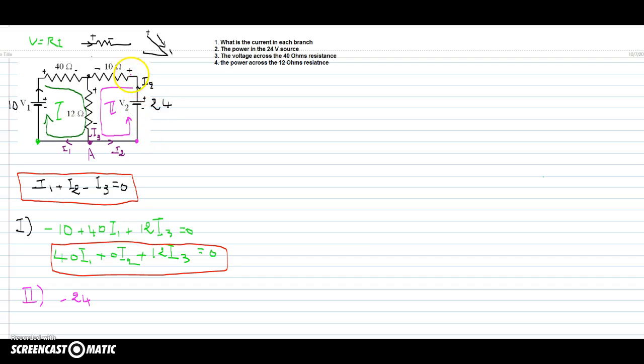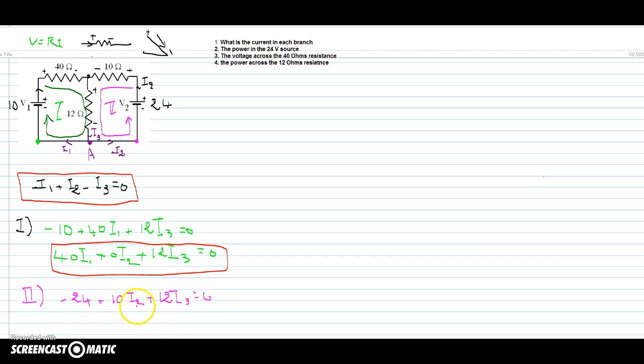Then I hit plus, so it's plus 10, and the name of the current is I2. That's Ohm's law. That's how you value the voltage. And then I continue. I have plus 12 I3, and this is equal to 0.